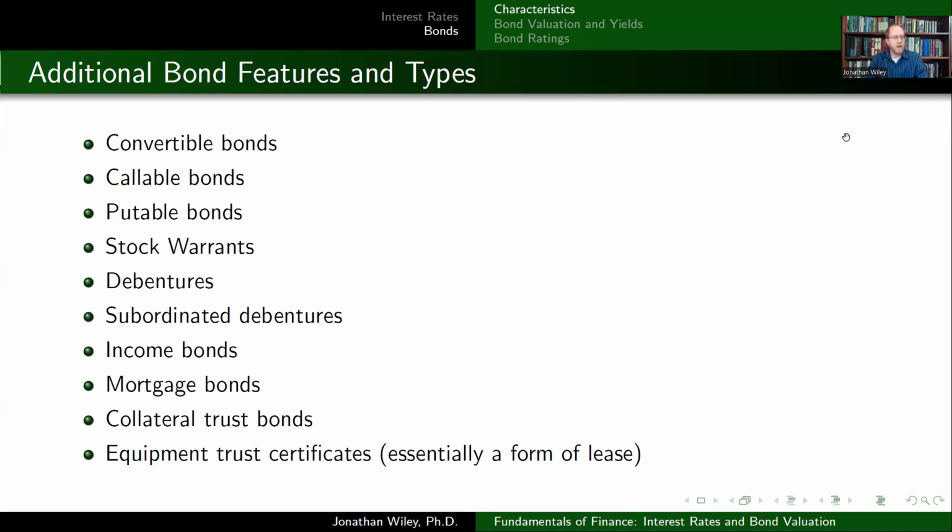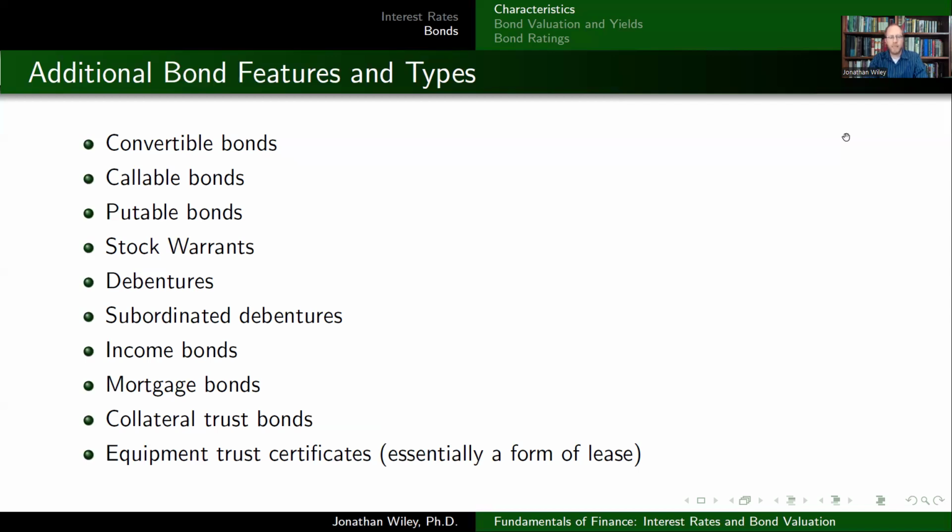Puttable bonds are basically where we switch roles. A puttable bond has a provision in which the investor can sell it back to the borrower, or essentially demand repayment early at the investor's discretion. So if I had lent money to a company and I decide, you know what, I want my money back, I can go up to the company and say, hey, go pay off this loan, I want my money back.